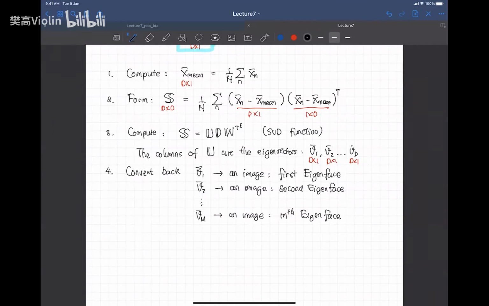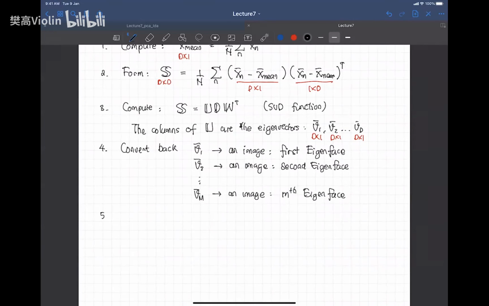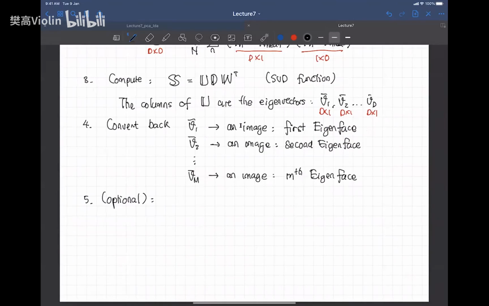All right. Now, step 5 is optional, but it is useful for you to check. If you can, I suggest that you do this step. Step number 5 is called face reconstruction. This is how we can use the eigenvectors.